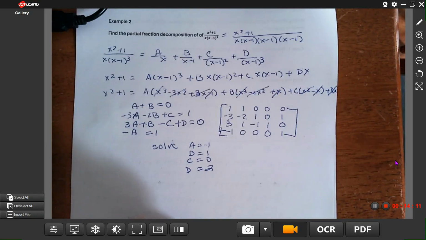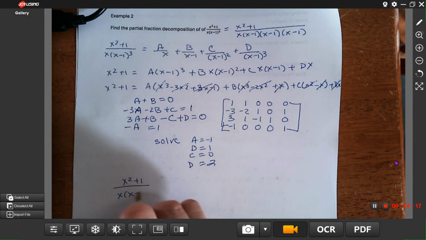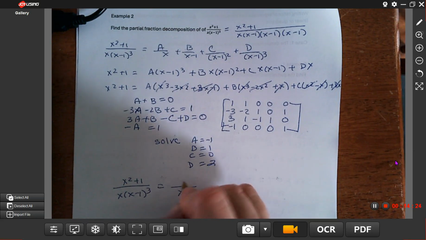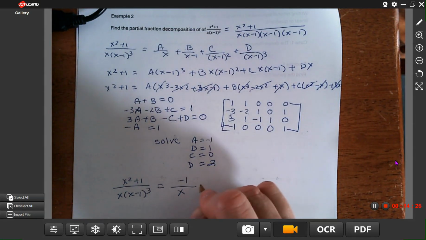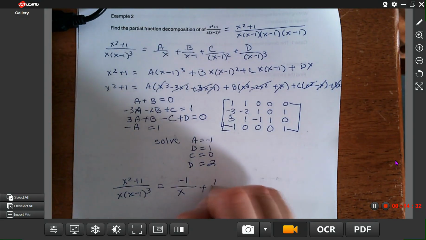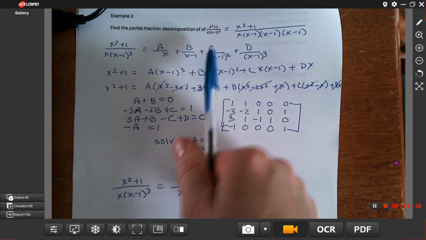So what does our expression look like? Remember, we started with x squared plus 1 over x times x minus 1 to the third, and we're going to end up with 4 terms. So our first denominator was x, and our a coefficient is negative 1. I'm going from up here. And then I have b, which is 1, and the denominator is x minus 1.